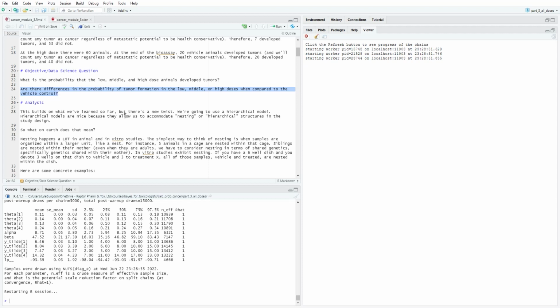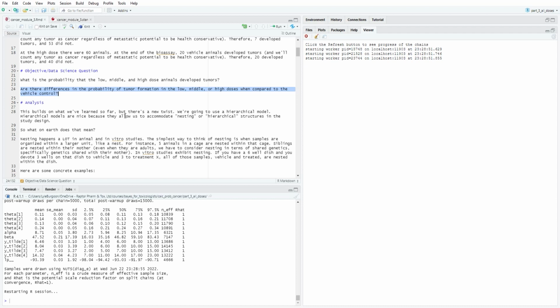But now those samples are nested within the dish. And the only way for us to figure out what the dish effect is on vehicle and on treatment, which, by the way, can be different for vehicle and for treatment, just keep that in mind, is if we have additional plates with the same kind of arrangement: 3 vehicles and 3 treatments.